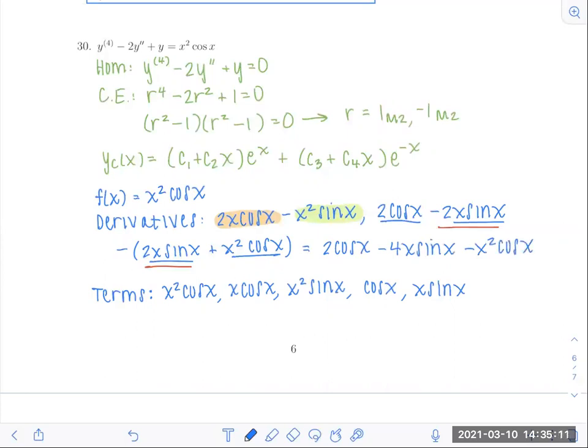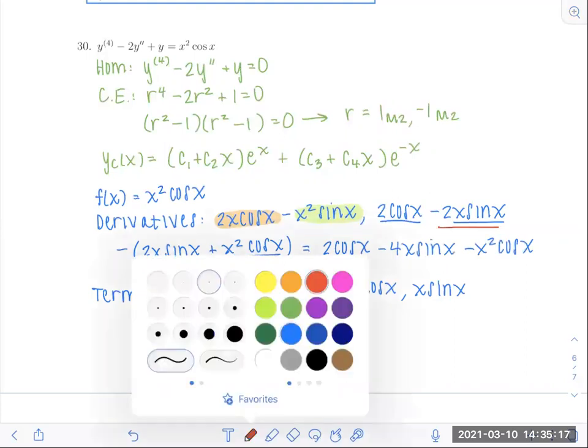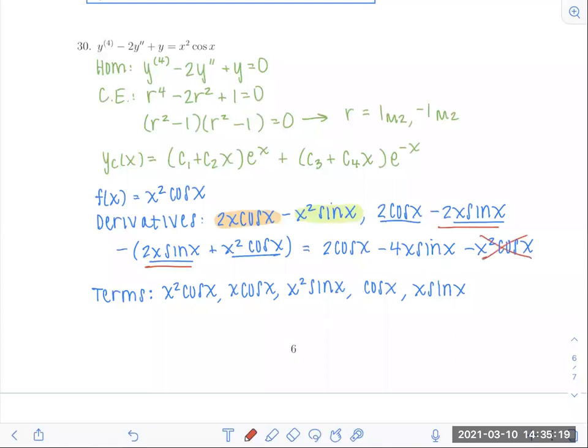All right, now let's think smarter, not harder. We started with x squared cosine x. So there's no need for me to pursue the derivative of that term any further because we're already looking at it, okay? We have not looked at the derivative of x sine x yet, so we can pursue that. And then also we have that single cosine, but we know what that cosine is going to kick out.